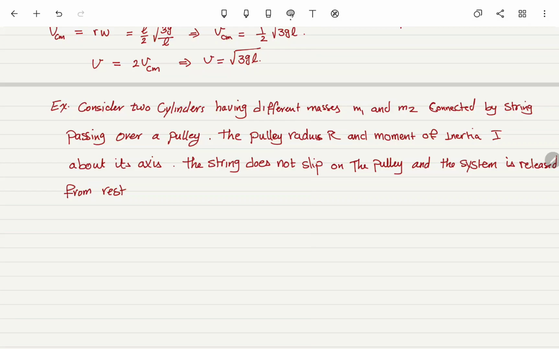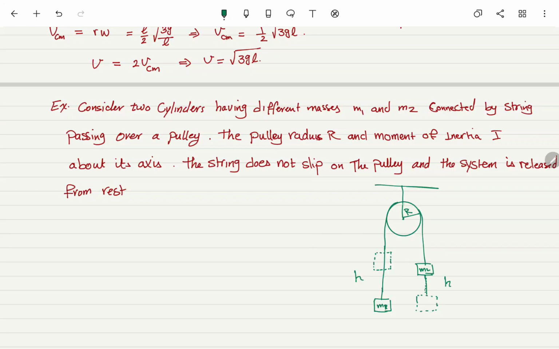Consider two cylinders having different masses M1 and M2 connected by a string passing over a pulley. The pulley radius R and with moment of inertia I about its axis. The string does not slip on the pulley and the system is released from rest. So here's the situation.